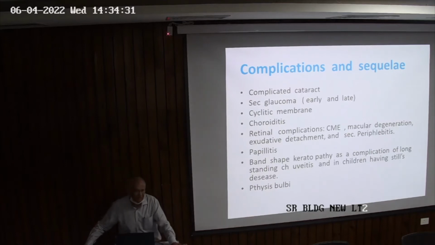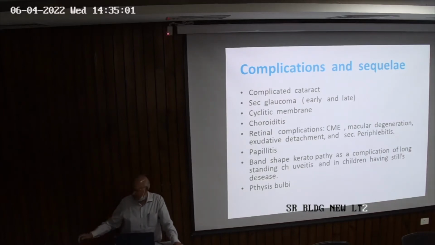This is one, because of the cells and the changes in the trabecular meshwork clogging. And late glaucoma, what is it? Whenever there is total synechia, or more than 2/3 synechia of the iris, the drainage from the posterior to the anterior side is disturbed. That causes iris bombe, or occlusio pupillae, causing changes in pressure, raised pressure.